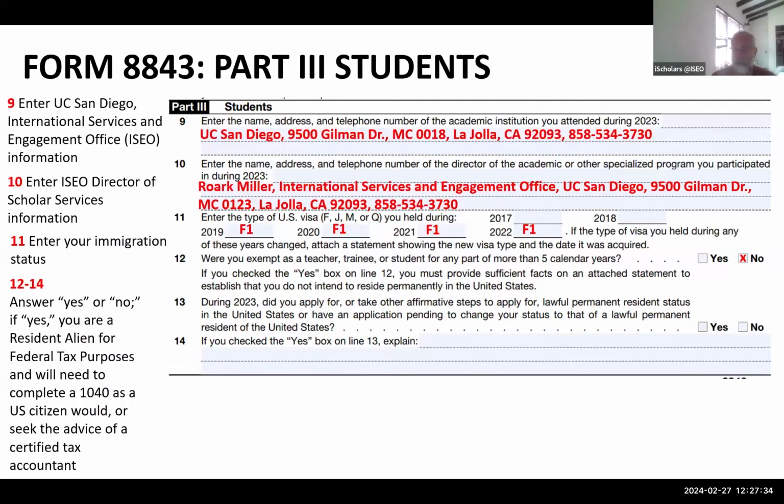And basically, there are certain exceptions that you can argue for that apply to you. But if that's the situation, I would highly recommend that you speak to a certified public accountant to help you with understanding those tax laws. Otherwise, you would basically be considered a resident alien, and you would not need to complete Form 8843, and instead you would file as any U.S. citizen or permanent resident would file.